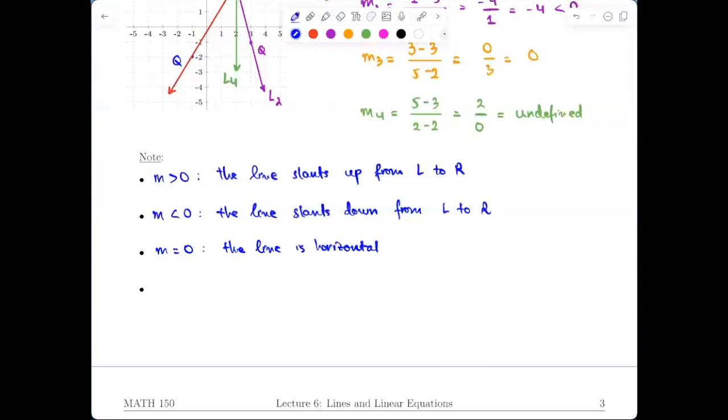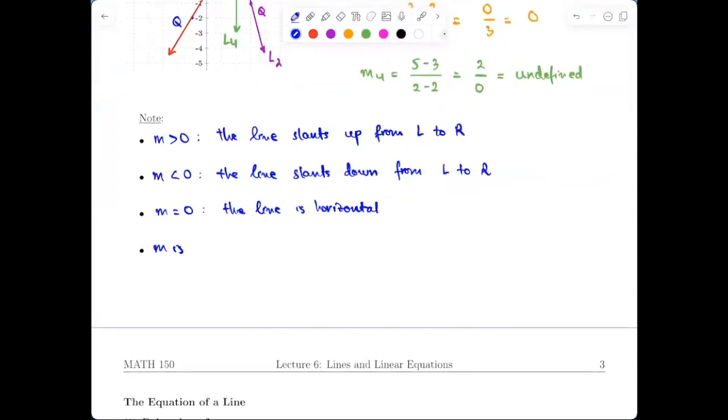And for the last case, when the slope is undefined, so m is undefined, you have a vertical line, or the line is vertical. You good with these 4 scenarios on slope?